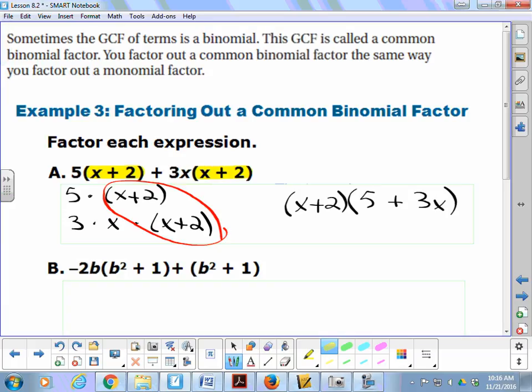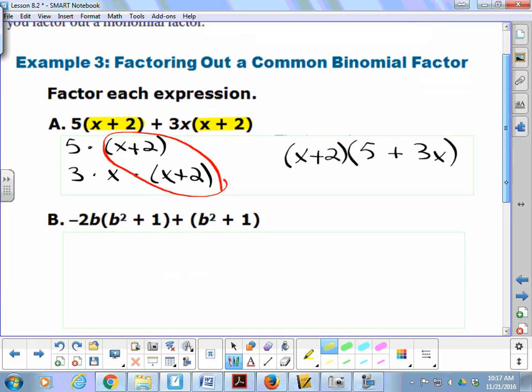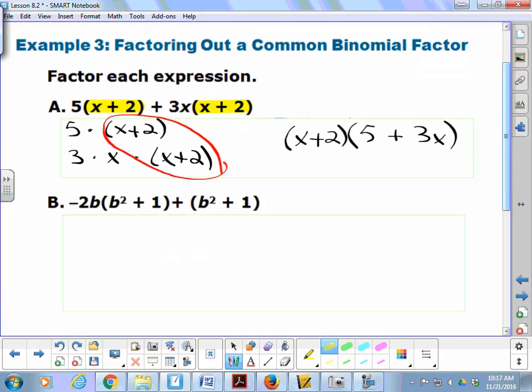So look at the other one, letter B here. When it's written out like this, where you're factoring out a common binomial factor, it's actually easier, because the greatest common factor is already shown for you. In this case, the greatest common factor is just this b squared plus 1.